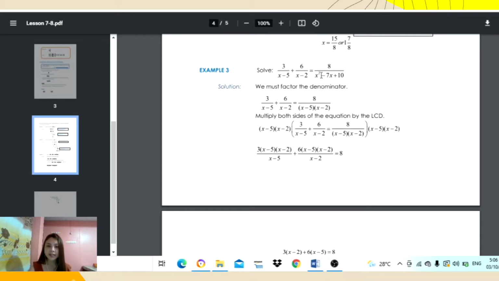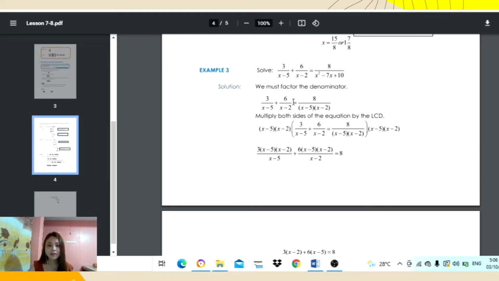Factoring x squared minus 7x plus 10 is just equal to x minus 5 times the quantity x minus 2. These are the factors of this denominator.